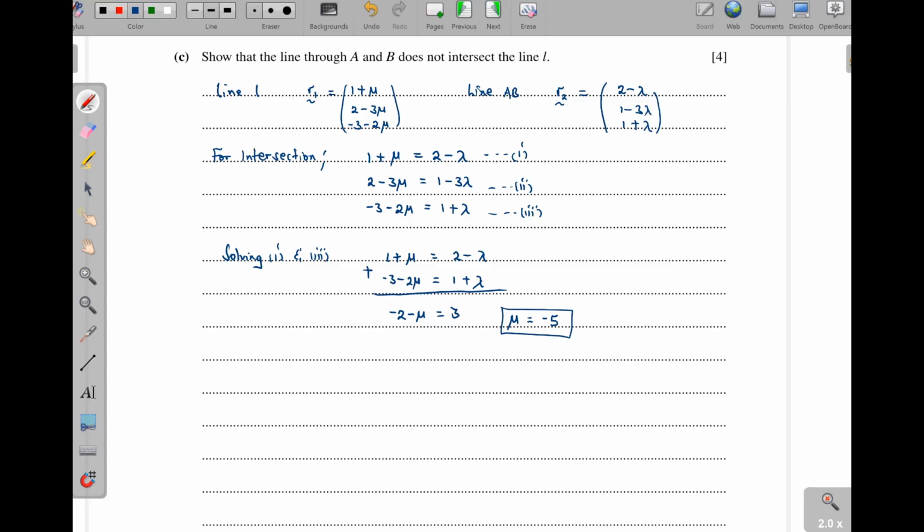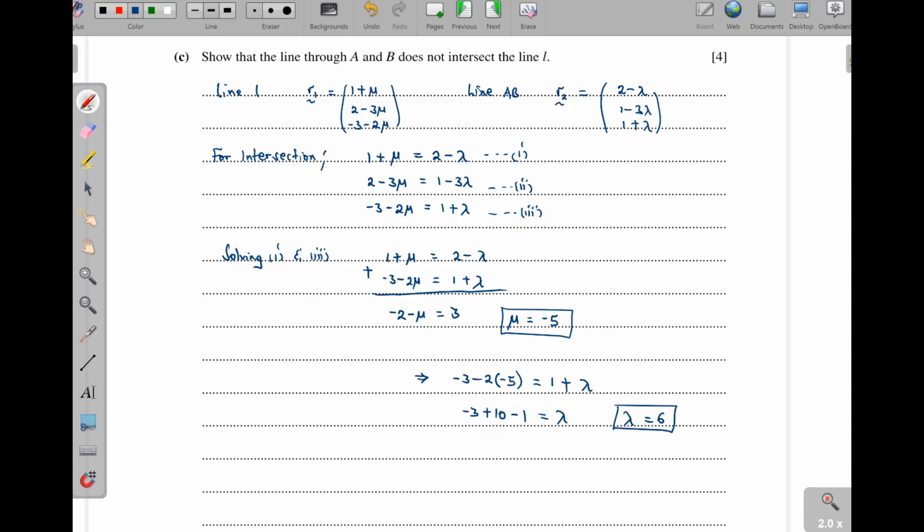So if mu is -5, then get lambda using any of them. Substituting in the second one: -3 minus 2 times -5 is equal to 1 plus lambda. So this will be -3 plus 10, then minus 1, so our lambda becomes 7 minus 1, that's a 6.